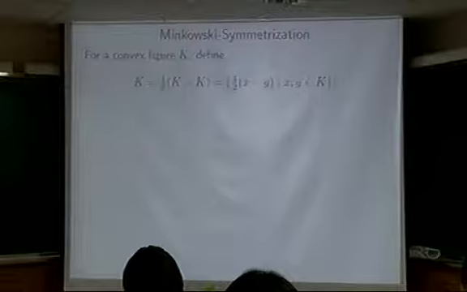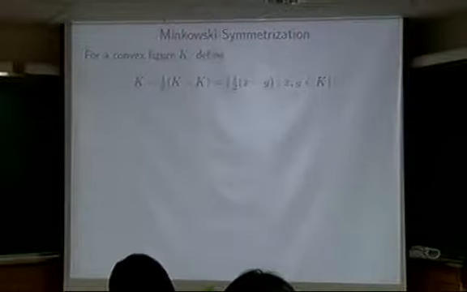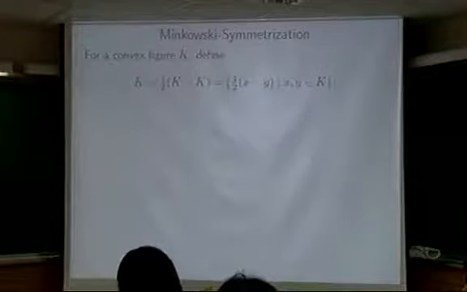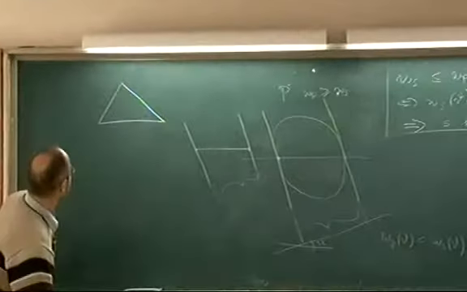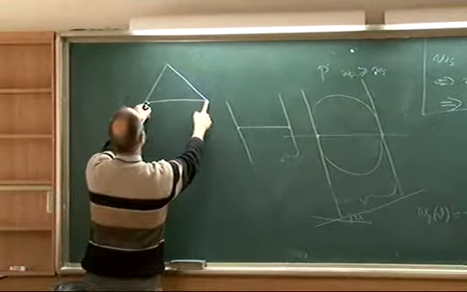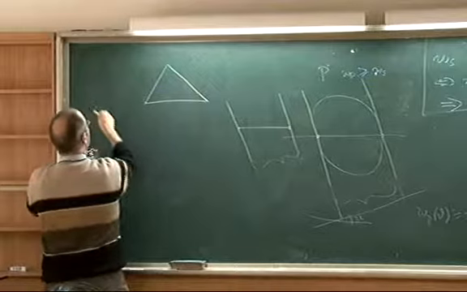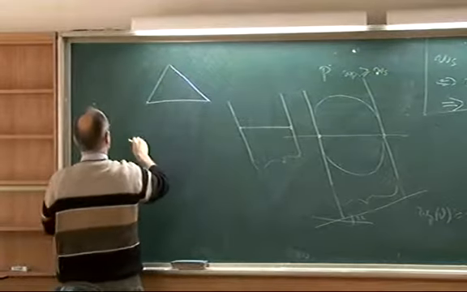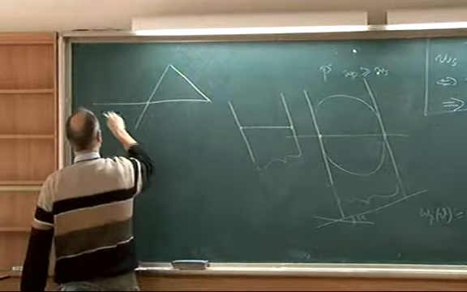So let's do an example. If you take, let's say, a triangle like this, and now I take the mirror image, so let's say the origin is here, then this point goes here, this point goes here, so this would be the mirror image.